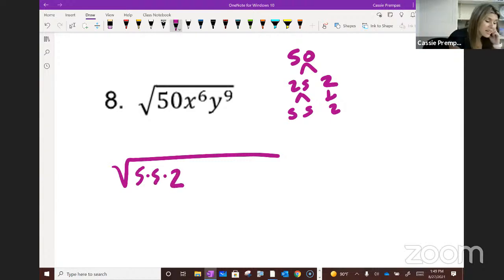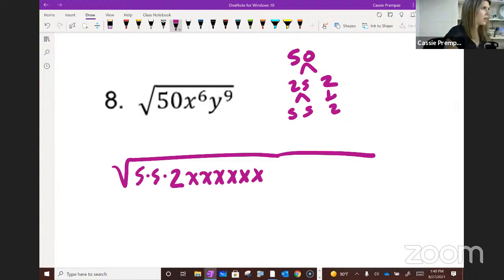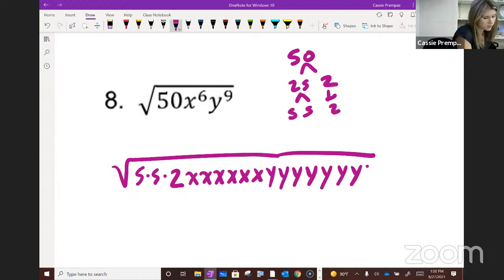If I'm writing out x to the 6th, or if I'm factoring it down, how many x's are in x to the 6th? 6. So I would have 1, 2, 3, 4, 5, 6. How many y's are in y to the 9th? 9. 1, 2, 3, 4, 5, 6, 7, 8, 9.